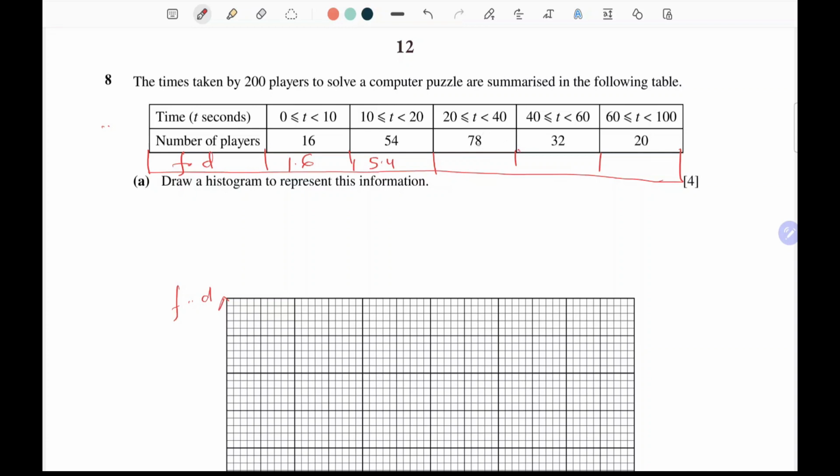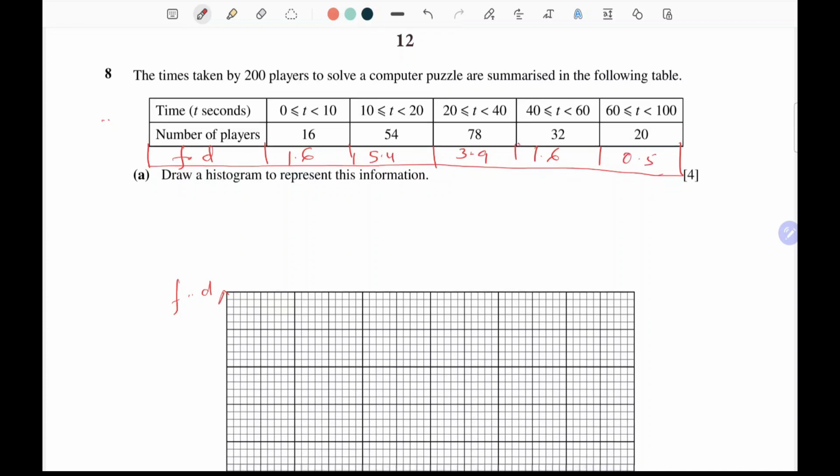Okay, so guys, yeah, 78 divided by 20, how much? This is 3.9. Then we have 32 divided by again 20, how much? This is 1.6. And here we have 20 over 40, so guys, that is 0.5. Okay, so this is frequency density.